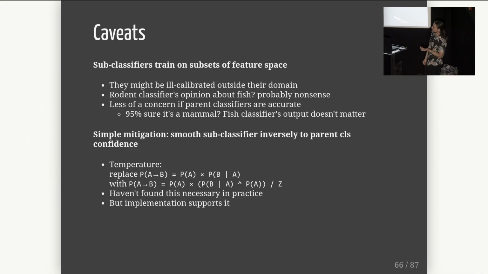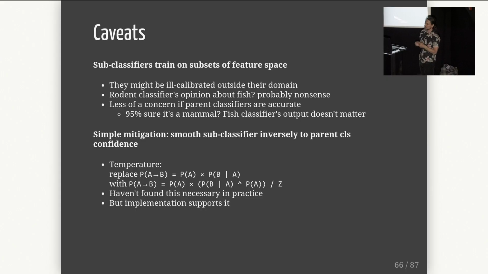I didn't end up needing it, but I built it into the library. The more certain your parent is, the more certain you can afford to be, and the less certain your parent is, the more you should hedge your probabilities. So I used a temperature rule, which if you mess with LLMs, you're probably familiar with. But instead of a fixed temperature, it's variable with the parent classifier confidence above you.